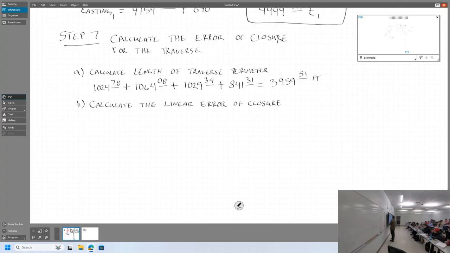Formula, the linear error of closure. Oh, sorry, rewrite that.